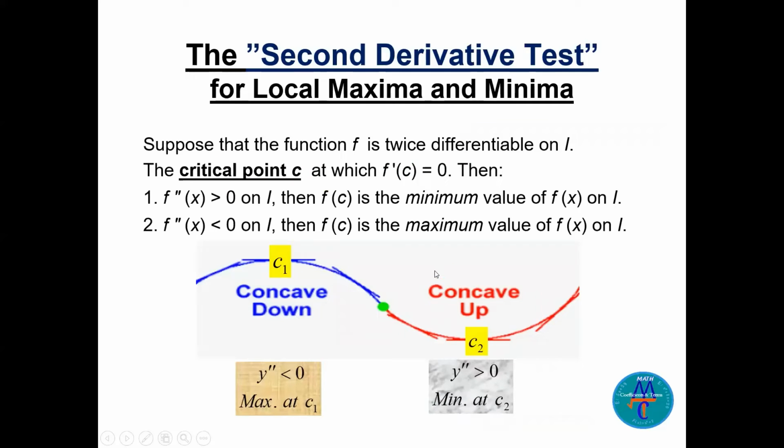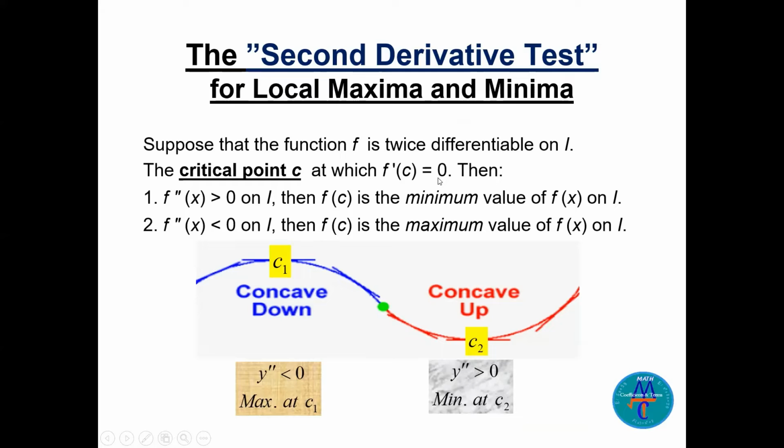The second derivative test for local maxima and minima. This is very important. First, we have a function. It should be twice differentiable on the interval I. So we should be able to find the second derivative. Now we find the critical point. Remember all the critical points, critical values of c, where f prime is equal to 0.